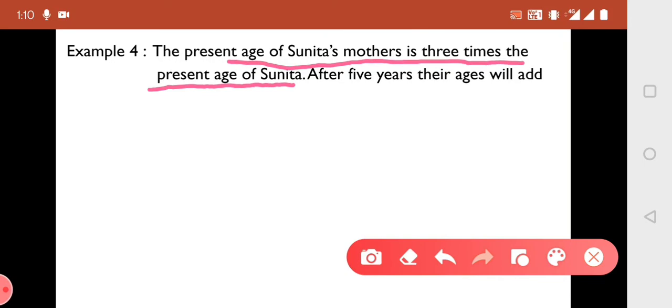Another relation is also given: after 5 years their ages will add up to 58 years. Means after 5 years when you add the age of Sunita and her mother, it will be 58 years. Find their present ages.